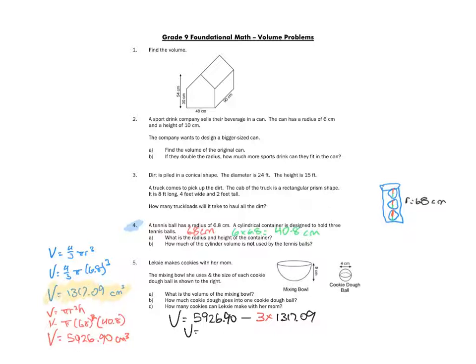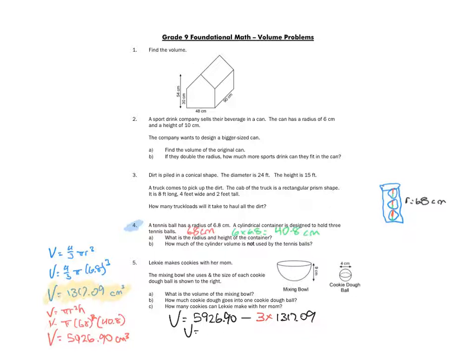Just remember your order of operations. Multiplication comes first. So you might just want to do that separately: 3 times 1,317.09, and then taking that number and subtracting it from 5,926.90.